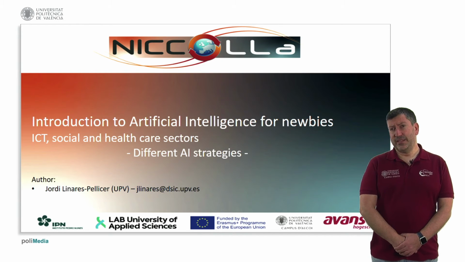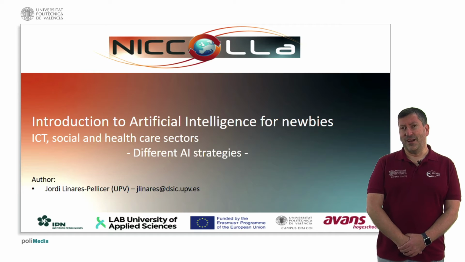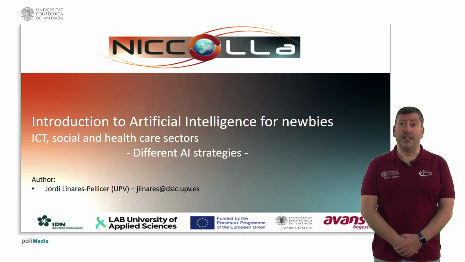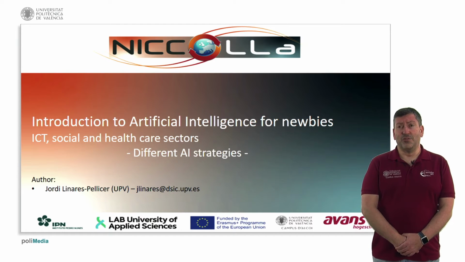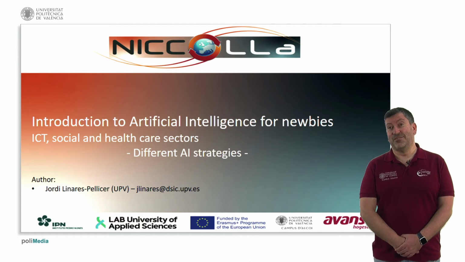Okay, so it's time to start knowing a bit about artificial intelligence techniques and to have a general idea about what different methods we have in order to try to make computers good at things they are not good at, okay?